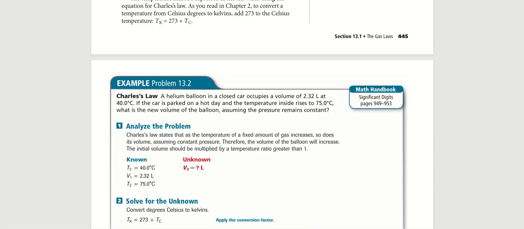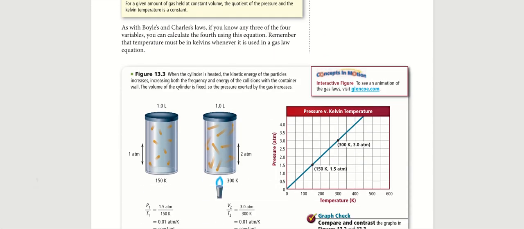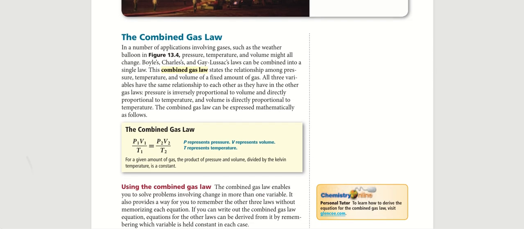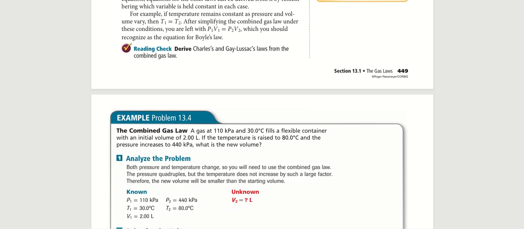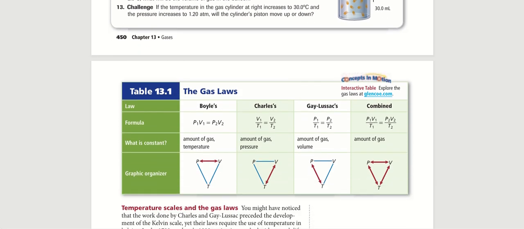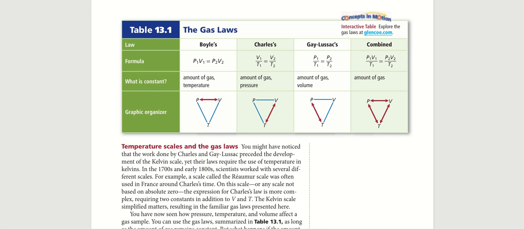We answered also Gay-Lussac's law questions. We reached the combined gas law, and we answered also its questions. This summary is very important. I explained it, but please go through it again because it is very important.